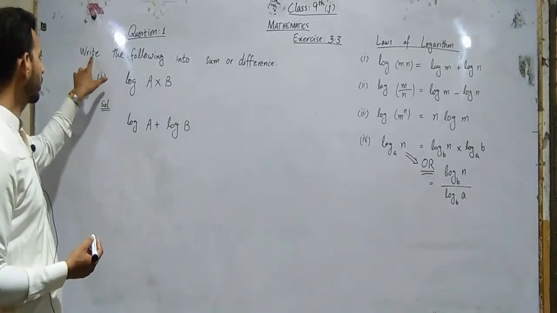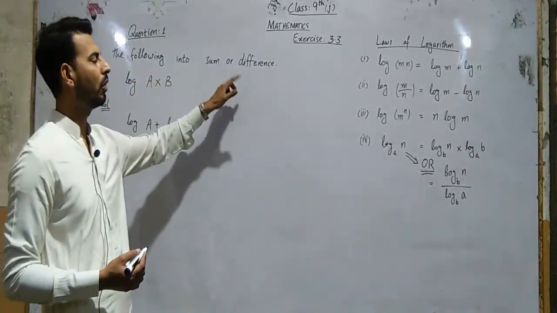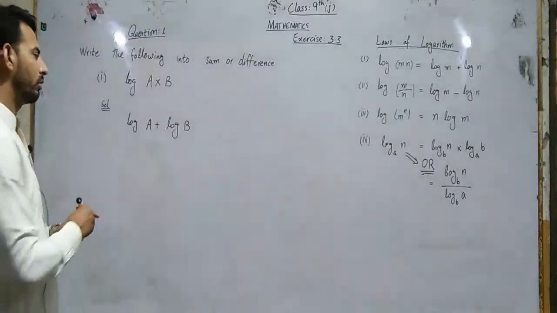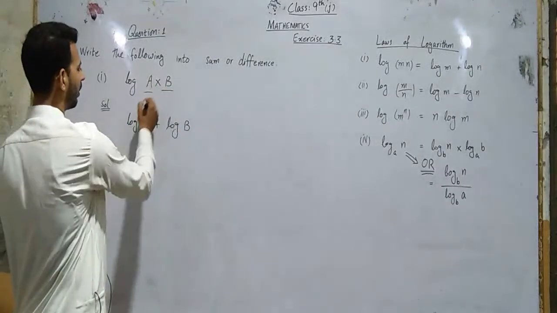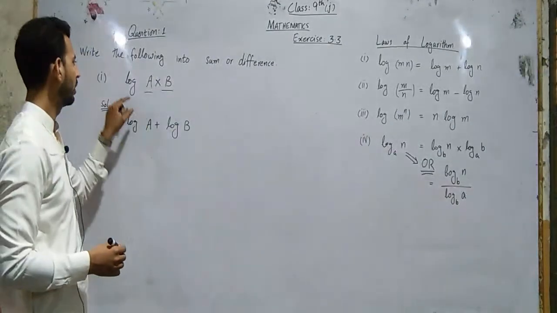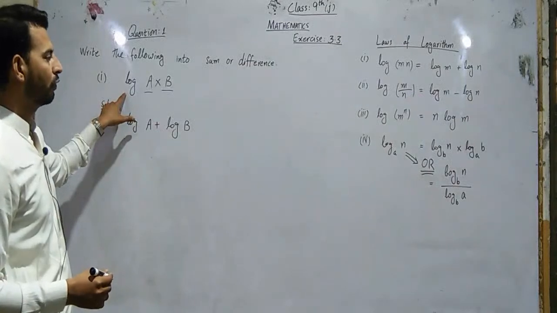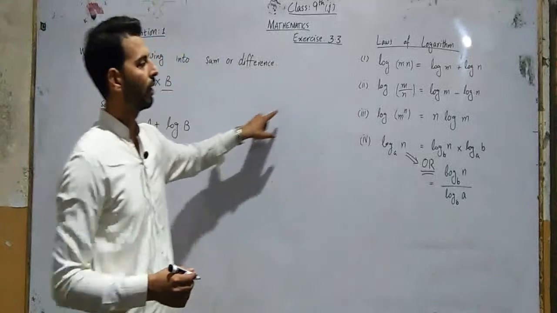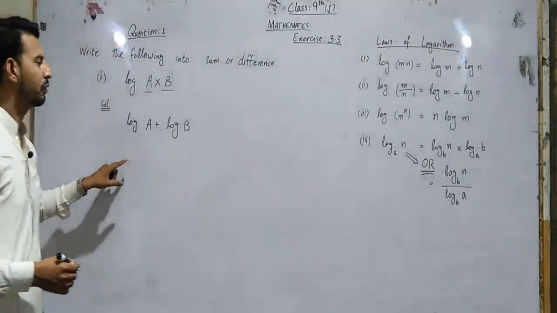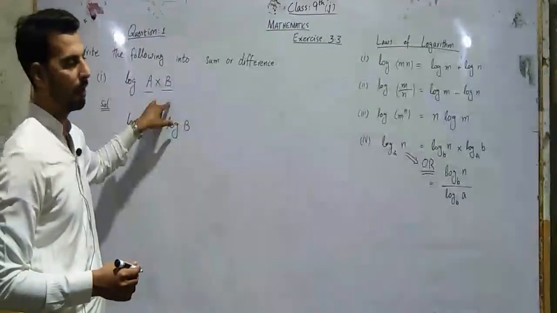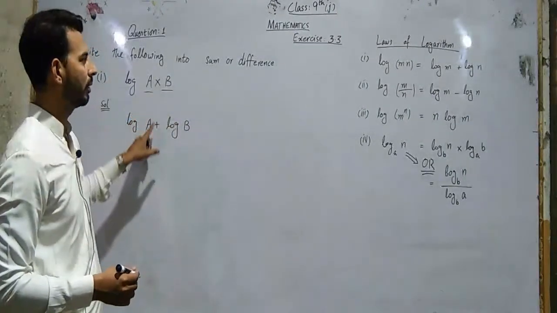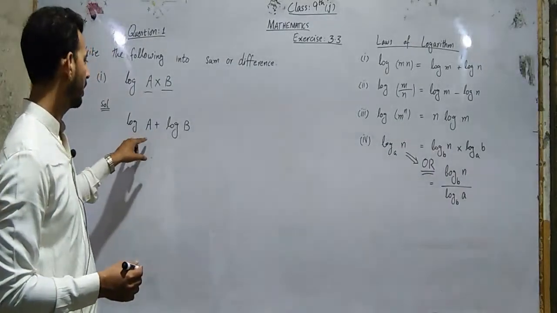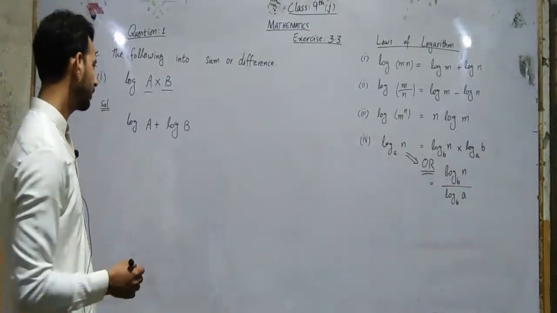The first question we see is to write the following as a sum or difference. These two alphabets are multiplying with each other and written in log form. So we use the first law of logarithms: if two things are being multiplied, we can separate them by putting a plus between them and writing the log of each.